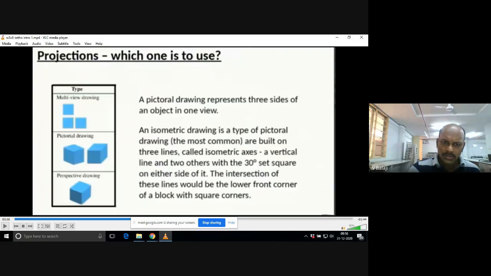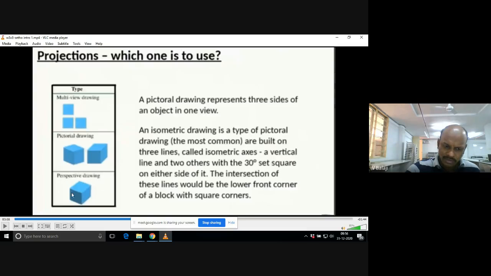Now coming to, as we discussed, multi-view drawing: front view, top view, side view, we have to draw like this. Pictorial drawing or isometric drawing, we need to draw like this, in a single view. Perspective is the camera view. We will take some photographs; if you are close to the building, you will get one type of picture.